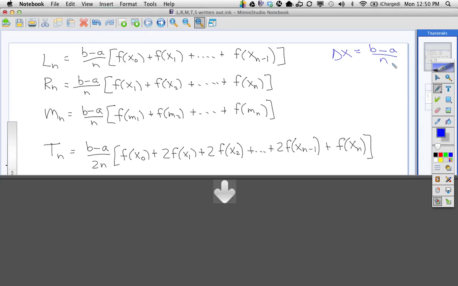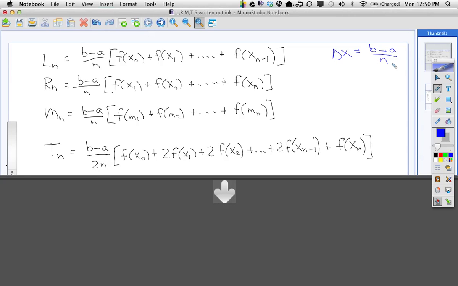Now in here, remember how we talked about that? My first trapezoid has the left edge and the right edge, and that right edge becomes the left edge of the next trapezoid. So x sub 1 is the right edge of my first trapezoid and the left edge of my second trapezoid. So I use it twice. And x sub 2, same thing, and x sub 3, same thing. The only ones I don't use twice are the ones on the ends, f of x sub 0 and f of x sub n.